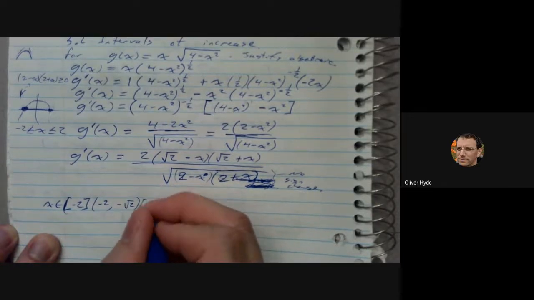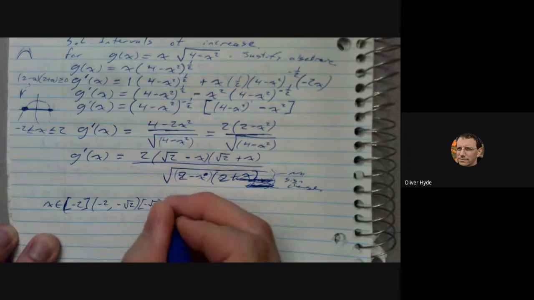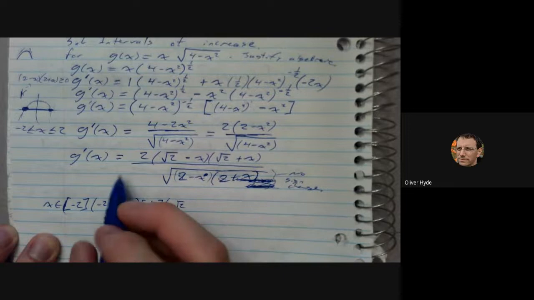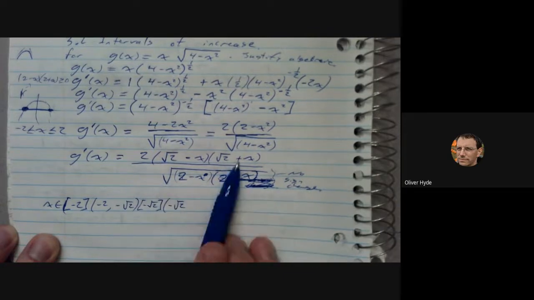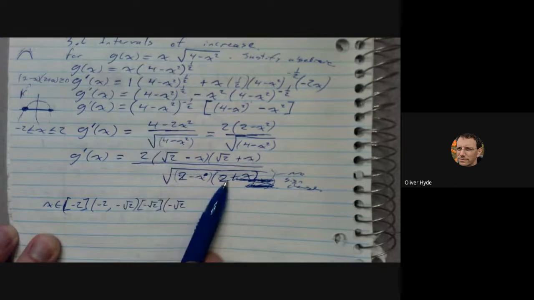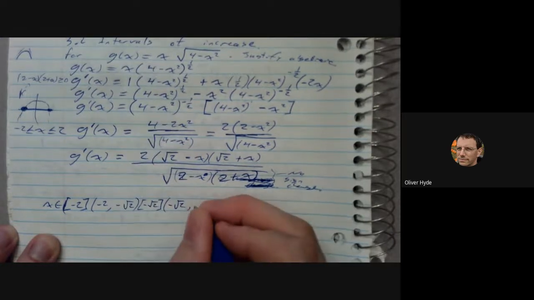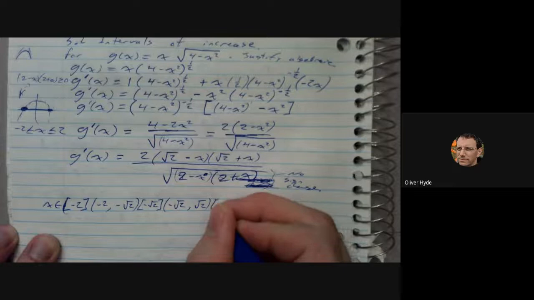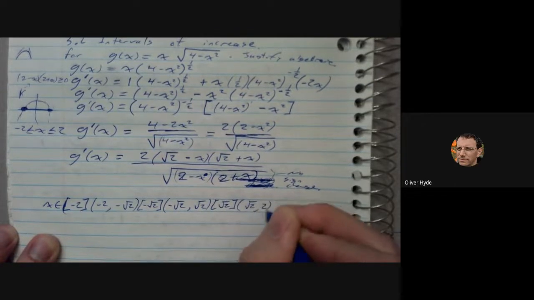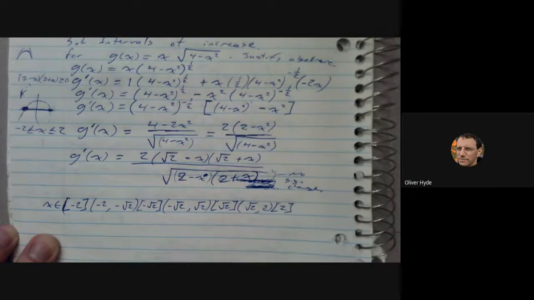I don't really need to include negative root 2, but I think I will just for fun. Between negative root 2 and, I don't think anything special happens at 0. I've got an x-intercept of 0, but it's not a root of my derivative. So I think I can safely go all the way up to root 2, consider what happens at root 2, consider what happens between root 2 and 2, consider what happens at 2. And there is the domain of my function. I guess that's kind of the start of my chart.